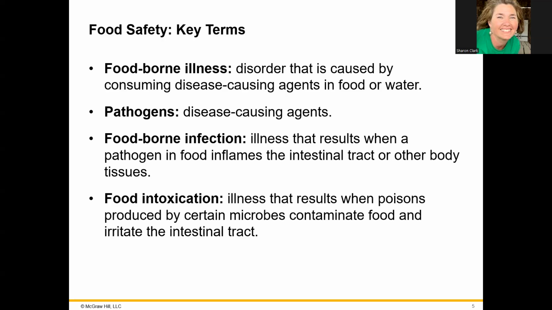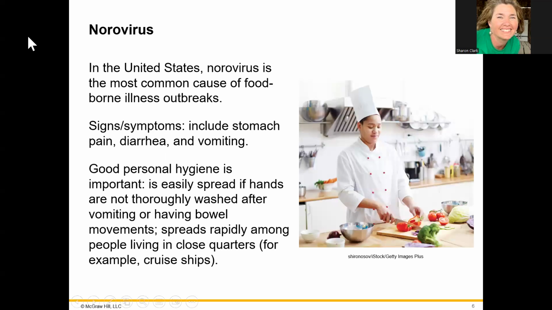Norovirus is one of the leading causes of foodborne illness in the United States. Not so much here in North Carolina. I think in North Carolina, our leading foodborne illness is still salmonella, but norovirus is one of those that has a sudden onset.